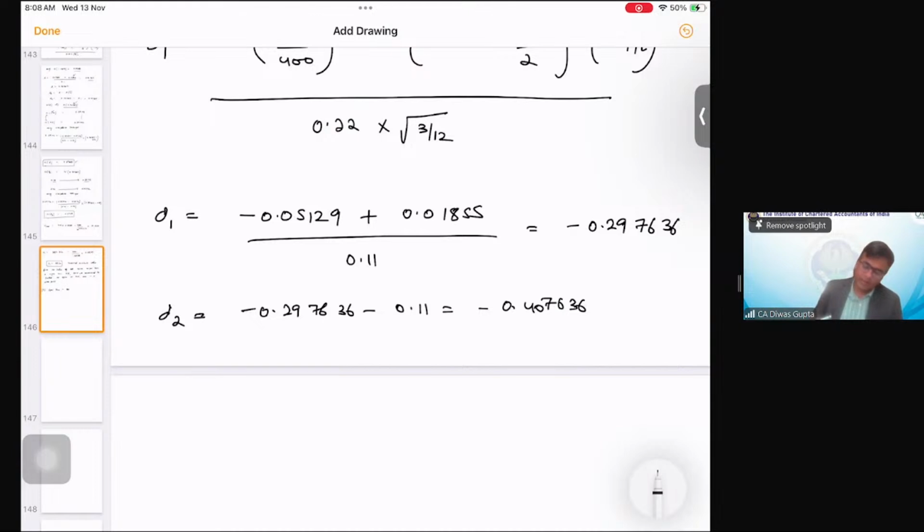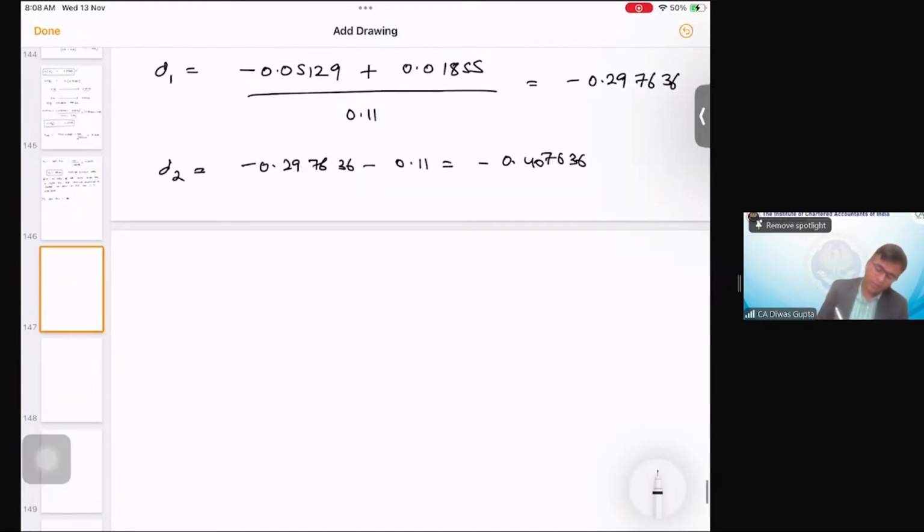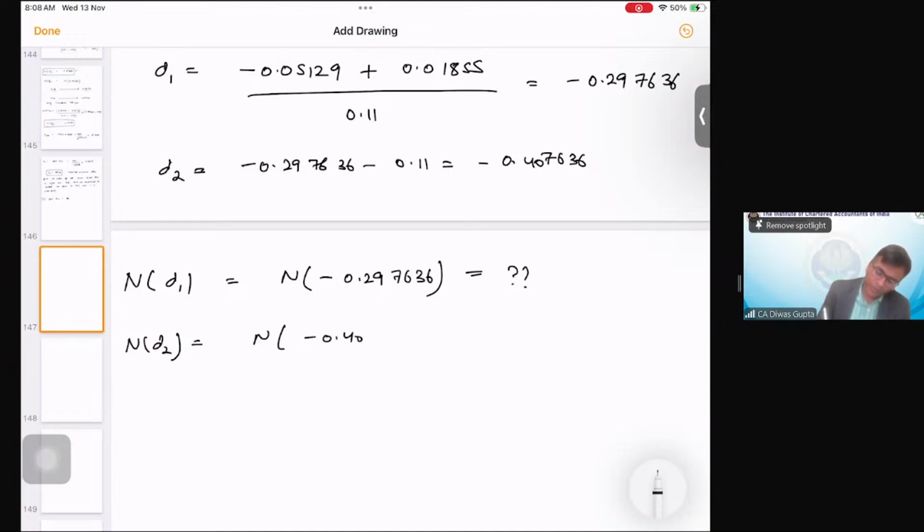So N(D1), which is actually equal to N(minus 0.297636) is equal to what, and N(D2), which is equal to N(minus 0.407636) is equal to what?